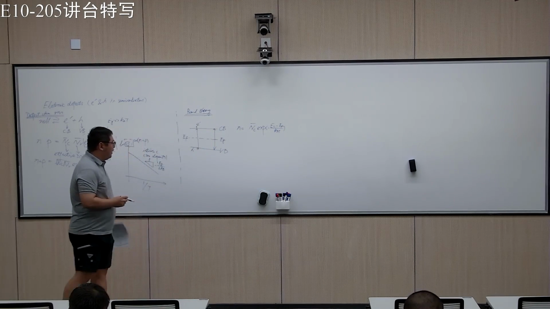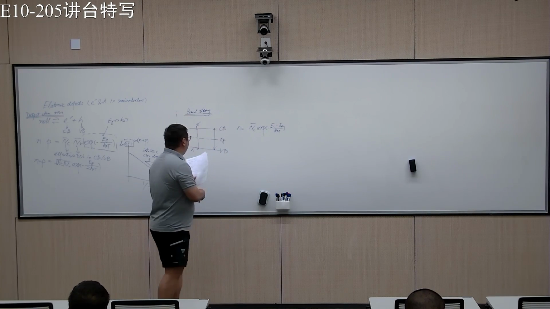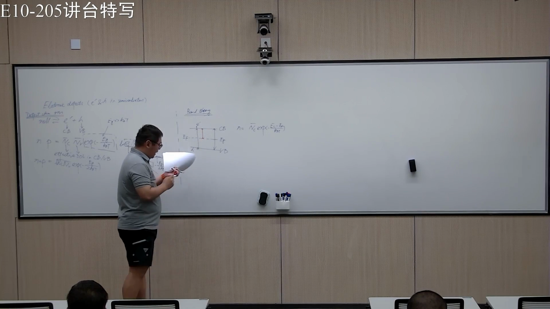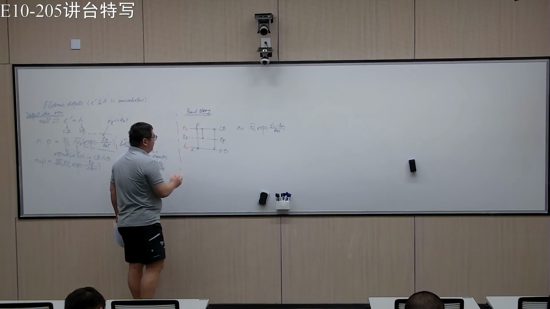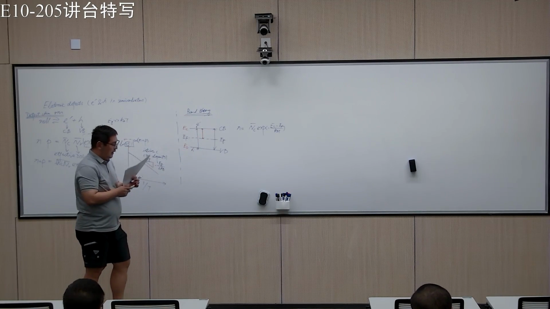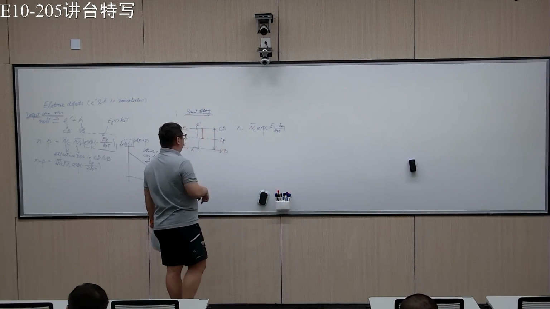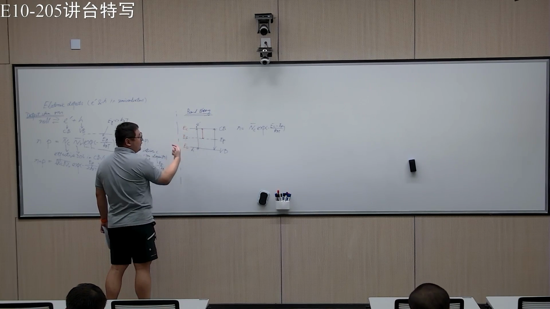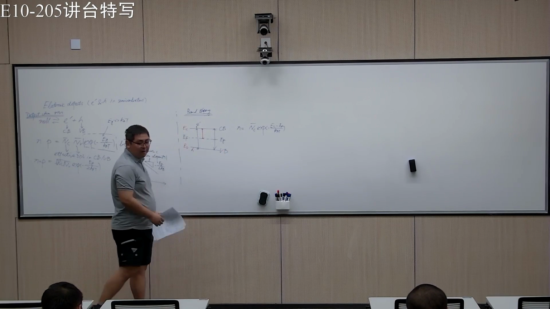So this is telling you that the distance between the conduction band and the Fermi level, because this is EC, this is EV, gives you the number of electrons. If we move the Fermi level towards the conduction band, then of course we have a higher and higher number of electrons.